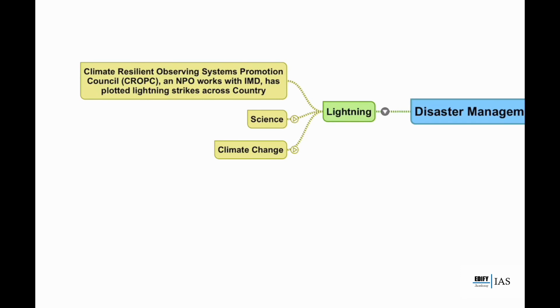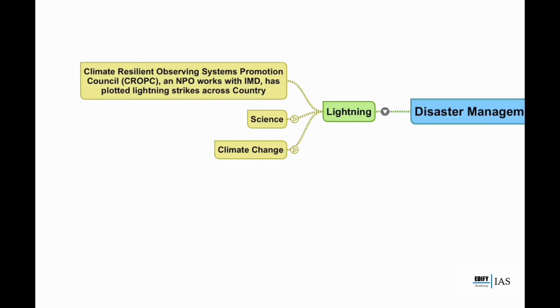Now this came into the news because the Climate Resilient Observing System Promotion Council, pretty big name, CROPC, is an NPO that works with the IMD. This NPO has plotted lightning strikes across the country. If you notice 2019 and 2020, we've had a lot of lightning strikes on people, and there have been many reported deaths due to lightning, especially in states that have had an unusual number of thunderstorms this year and last year, right?